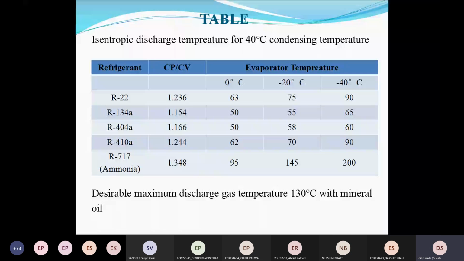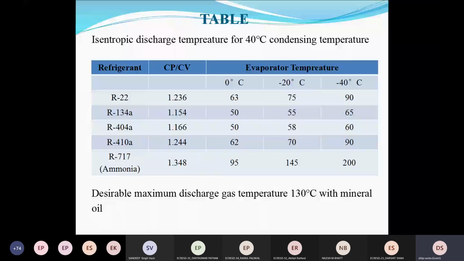But if you consider R404A, Cp/Cv is 1.166 and discharge temperature at the operating temperature of 0 is 50 degree, then minus 20, 58 degree, and only 60 degree in case of minus 40 degree centigrade.